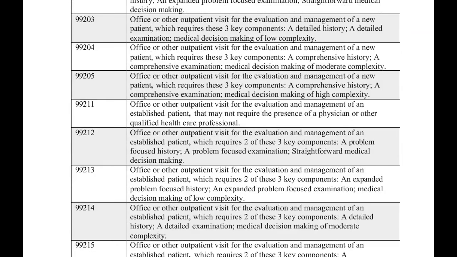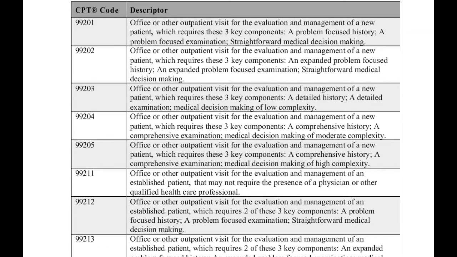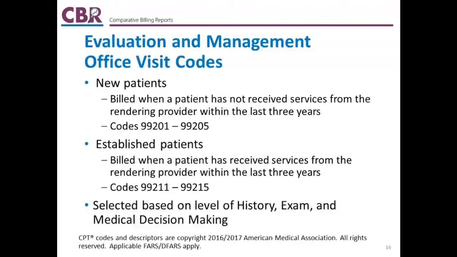So again, this is just a review of the E&M codes and how each code selection is made based on the documentation of the history, the exam, and the plan for the medical decision-making.